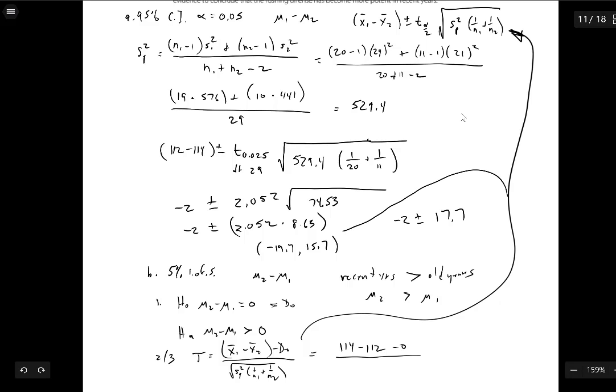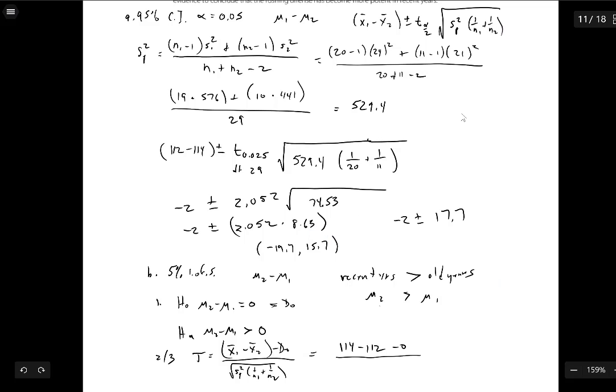So this is going to be 2 divided by 8.63, which is going to equal 0.232.